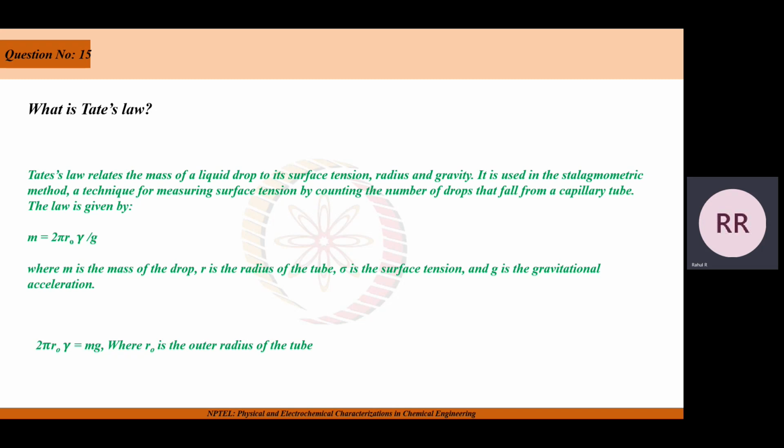Now we will discuss the answer. Tate's law relates the mass of a liquid drop with surface tension, radius, and gravity.